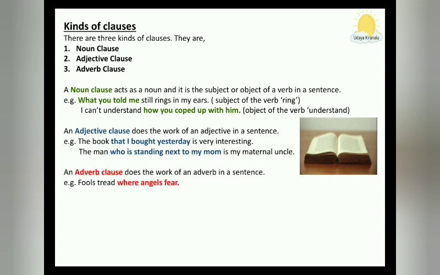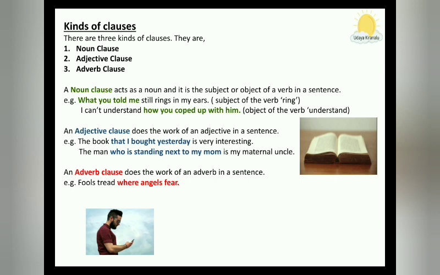An adverb clause does the work of an adverb in a sentence. For example, fools tread where angels fear. Here, where angels fear is an adverb clause and it talks about place. We know that adverbs talk about manner, place, time, reason, etc. Let's have a look at this picture.